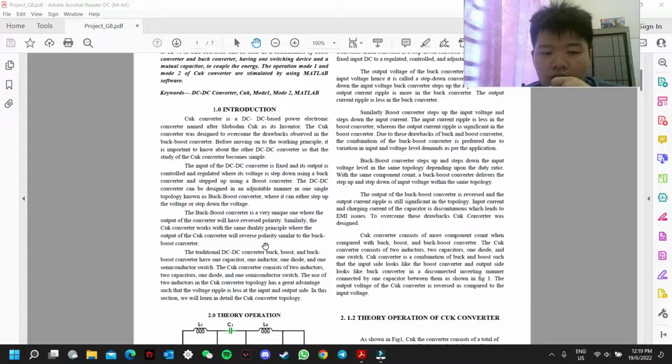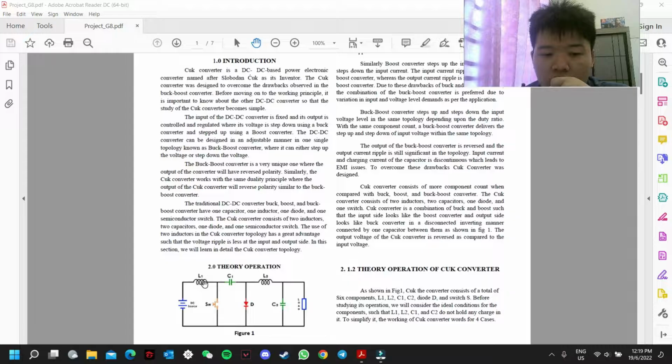In the end, the traditional DC-DC buck and buck boost converters have one capacitor, one inductor, one diode, and one semiconductor switch, and the choke converter consists of two inductors, two capacitors, one diode, and one switching device, a semiconductor switch.